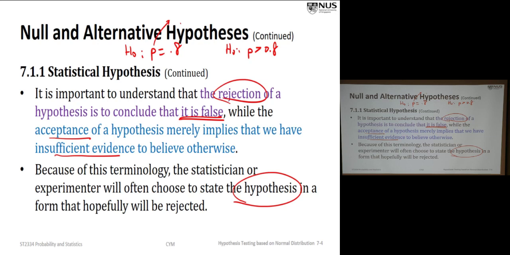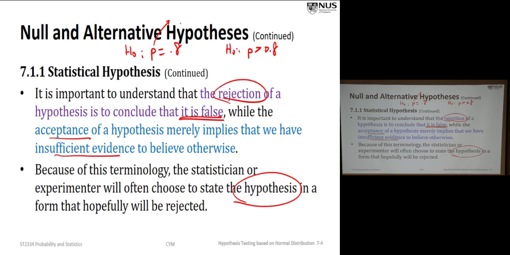So always remember, the null hypothesis is the statement that you want to reject, or the status quo. So we believe everything remains the same, and something new. I want to reject the old stuff, reject the status quo, and favor the new stuff. So the status quo will be set as the null hypothesis.